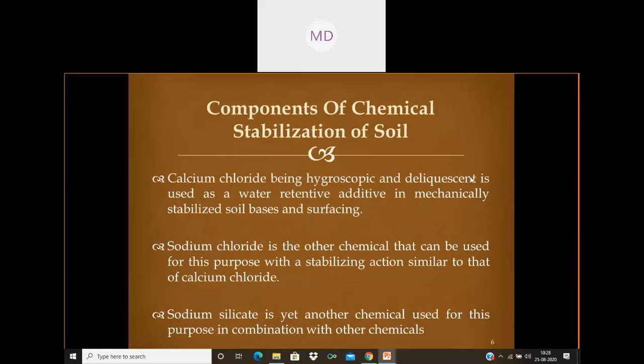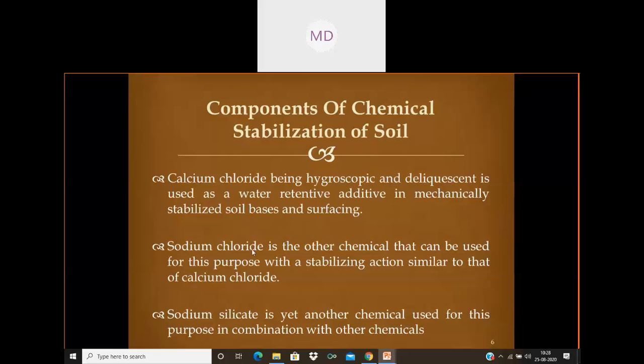Hygroscopic and deliquescent are characteristics of calcium chloride, meaning it can absorb water very quickly. So it is used as a water retentive additive, meaning it retains the water and does not allow it to flow. It absorbs the water into itself, so we can use it in mechanically stabilized soil bases.